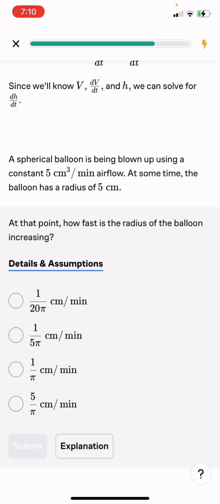It's saying a constant. What is the radius being? Right, but the radius. Would it be divided by pi? So would it be 5? Or would it be 1 over 5 pi?